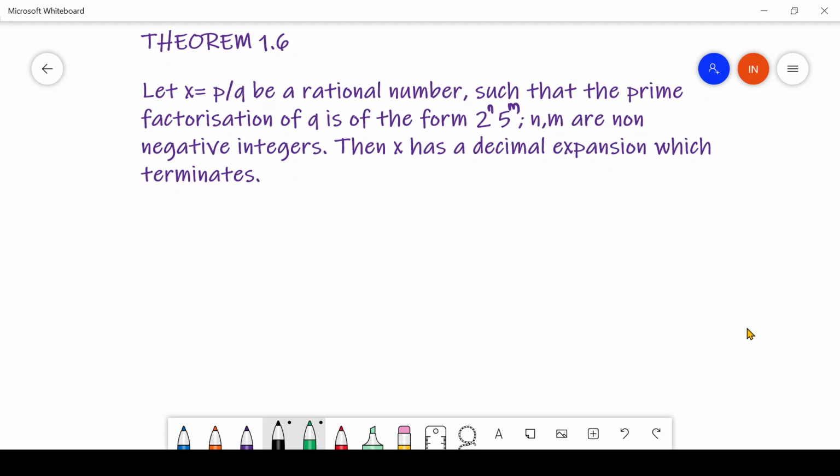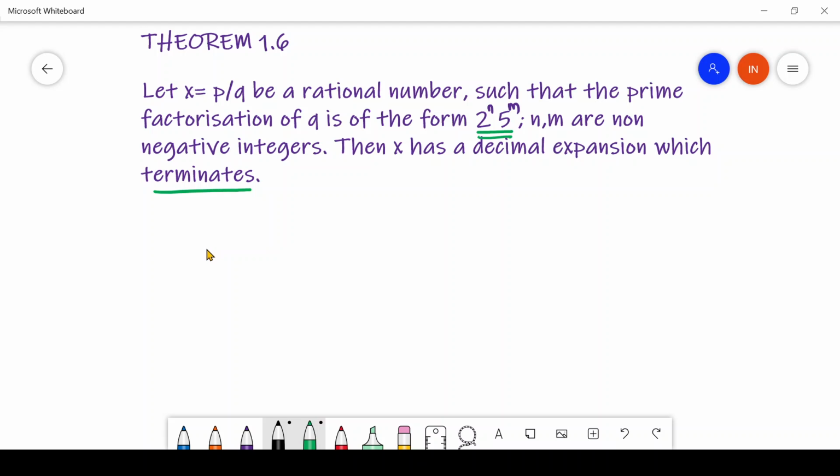So here we have x in p by q form, and we are converting the denominator q to the form 2 raised to n, 5 raised to m. Then we can say that x has a decimal expansion which terminates.